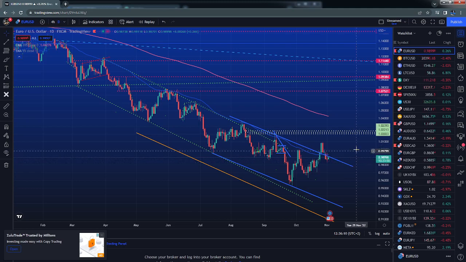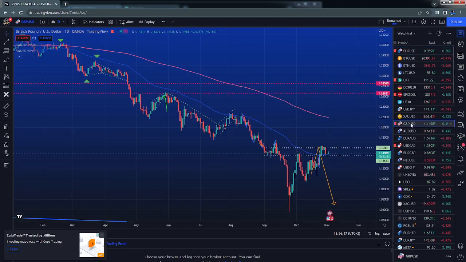So take advantage of any spike towards parity, I would say 99.50 and above. And when Powell starts talking, I expect at least one spike to the downside, and I would like to buy this spike.